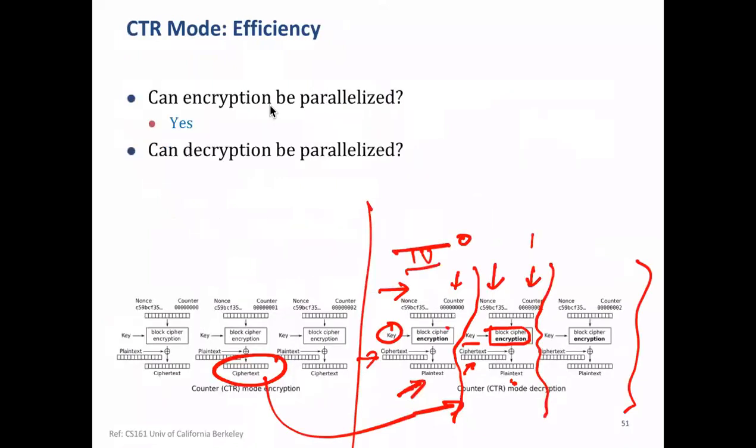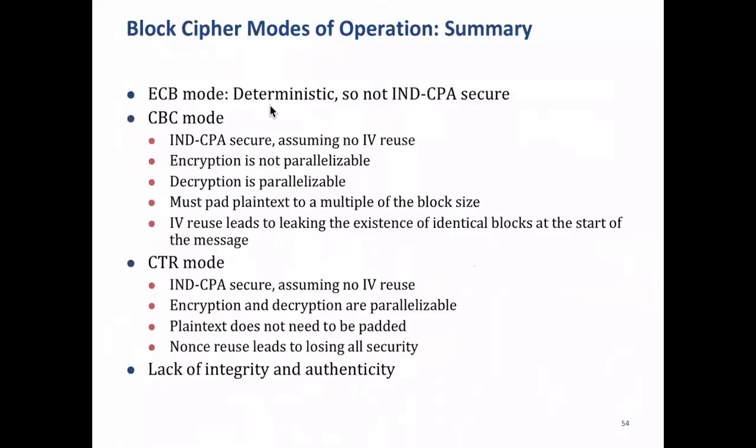For naked eyes, of course, there will be some changes inside, but what we have achieved is also parallelism. So speed is also here. So what we have studied today is CBC mode. We started with ECB mode, which is nothing but simple concatenation of output. Then we came to CBC mode and then CTR mode.